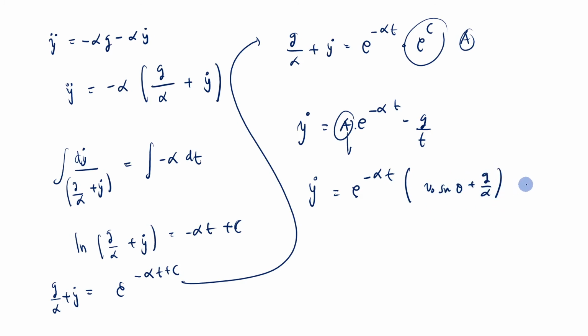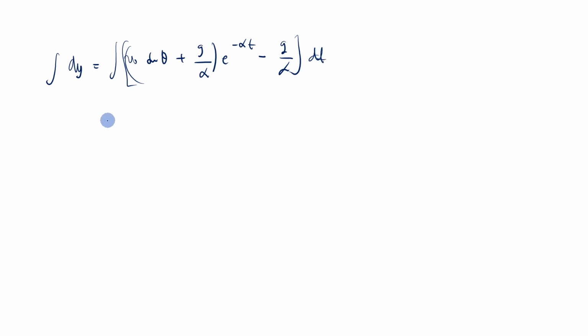This is the A value, minus g over alpha. Sorry, this is alpha, not t. Okay, and we can integrate this term, of course, with the same approach: dy equals the integral of V0 sin theta plus g over alpha, e to the minus alpha t, minus g over alpha, dt, like that.